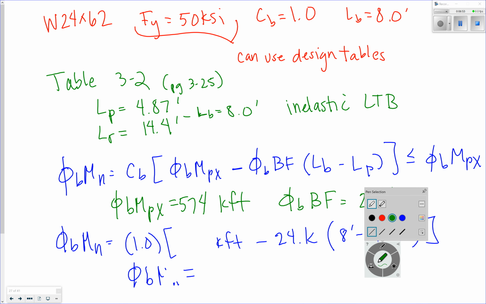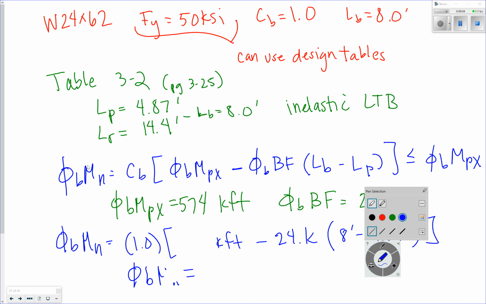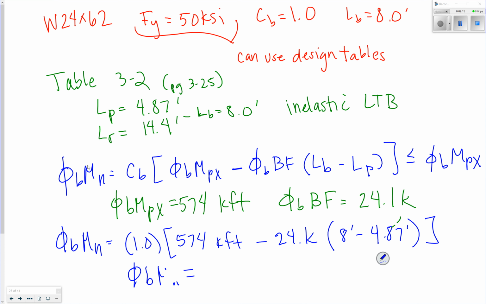The 382 was our ASD value. It's 574. I actually have the numbers written down here, but you know, I'm doing it as I go, just along for the ride.